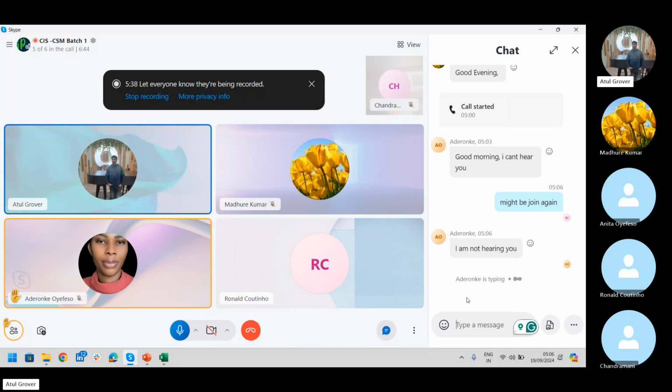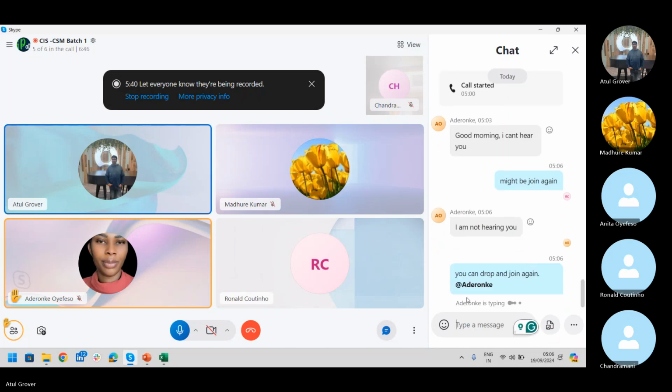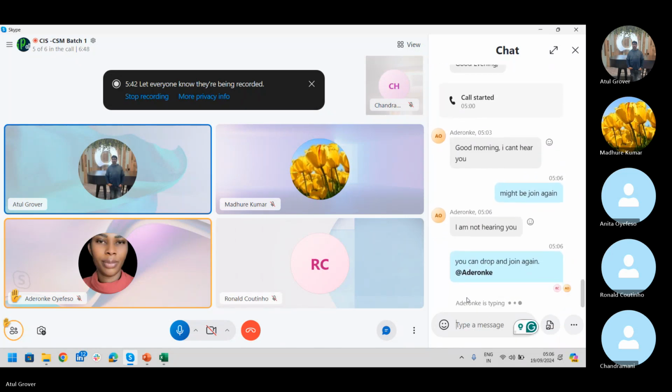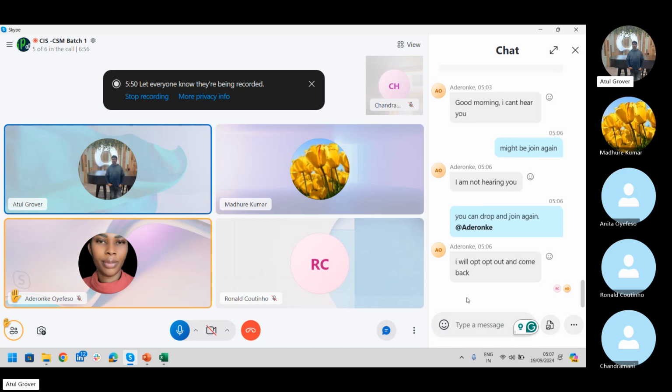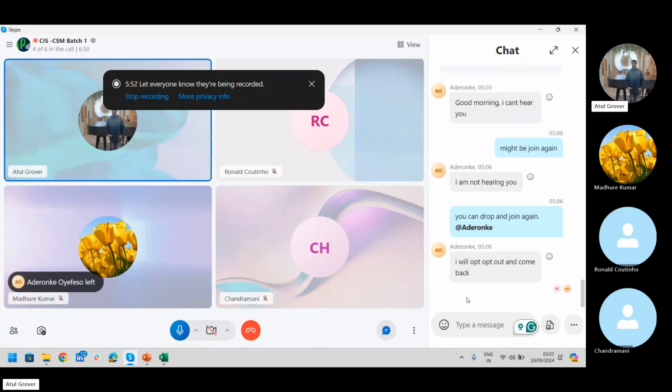Madhuri, what do you think? The word CSM. Sorry, I'm saying Madhuri, it's Chandramani. Oh, okay, sorry, you already gave the definition. Yes, Chandramani. What do you think? What is CSM?